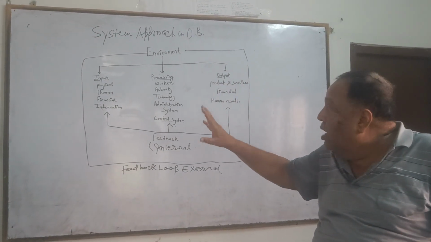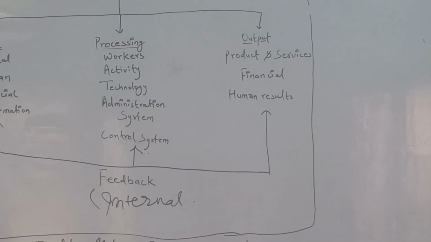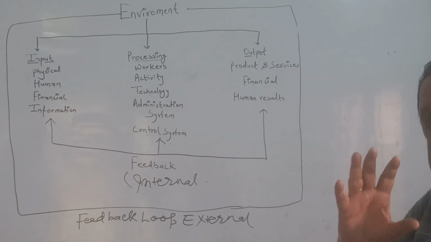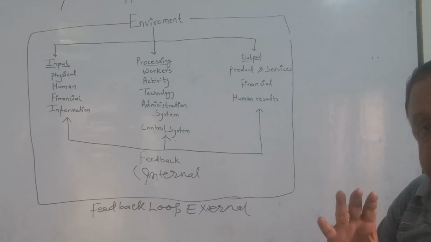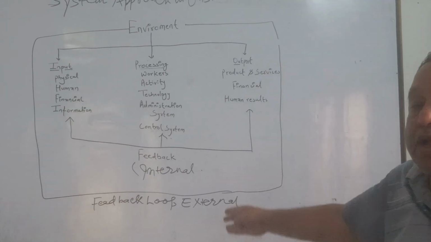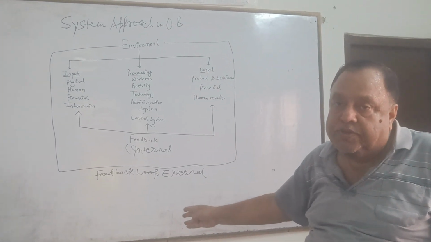If it is okay, the input subsystem will immediately communicate to the processing system that my component or my mixture is all right, but there is some problem in the output.